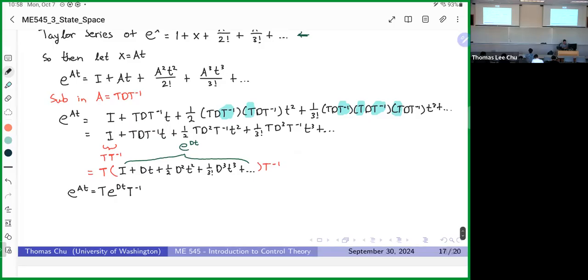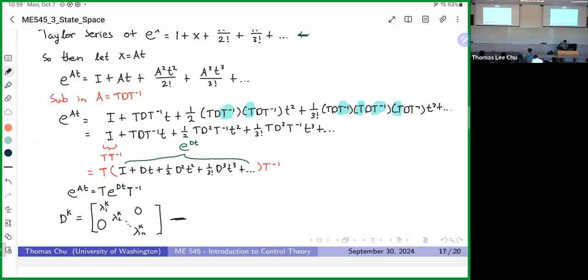And what's nice about this property is that d to the n power is equal to lambda 1 to the n power, lambda 2 to the n power, all the way to lambda n to the nth power. Yeah, I'll use a different expression: k power, k power, k power. Change that to a k. And then zeros in the off diagonals. So this property is nice.